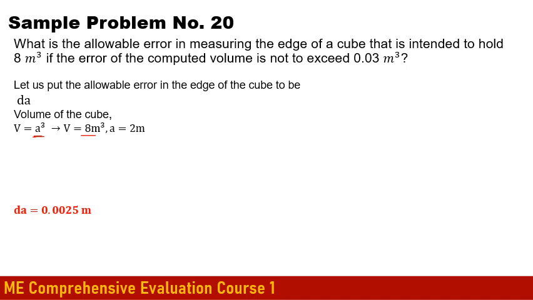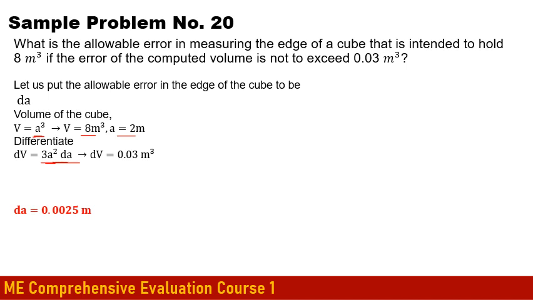So we get the value of A as 2 meters by taking the cube root of 8. We differentiate the volume so that we obtain 3a squared dA, because dA is what we are looking for.